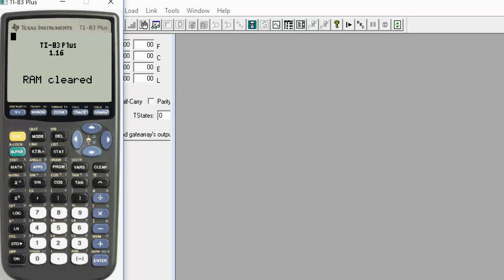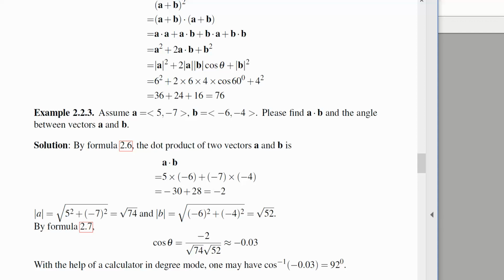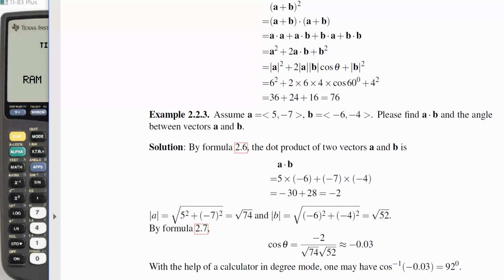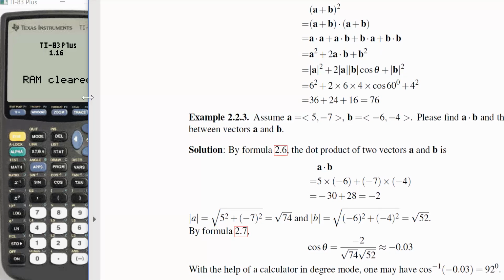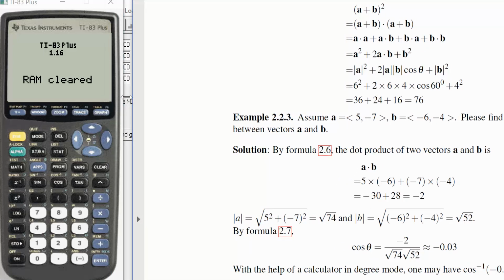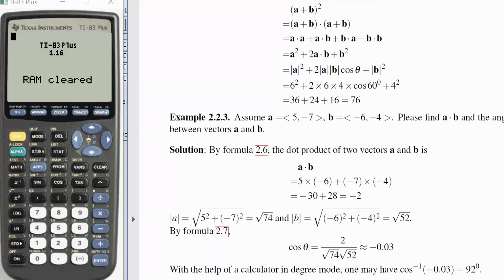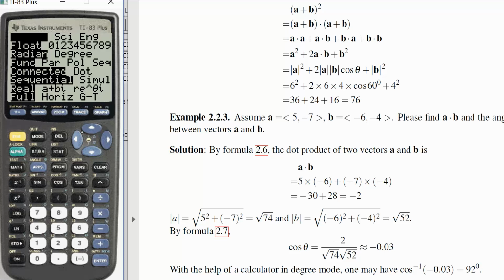Now what we want to do is find 92 degrees. So first we turn on our calculator, and then we want to check the mode. Mode here is in radian. That is not good. So we probably want to have degree mode. Now we go back.